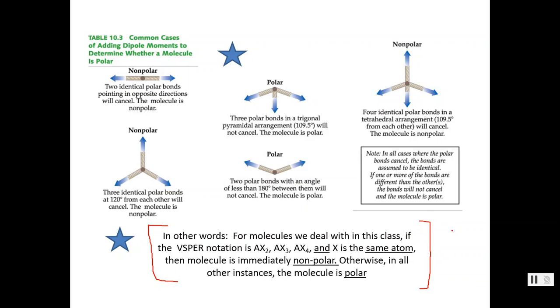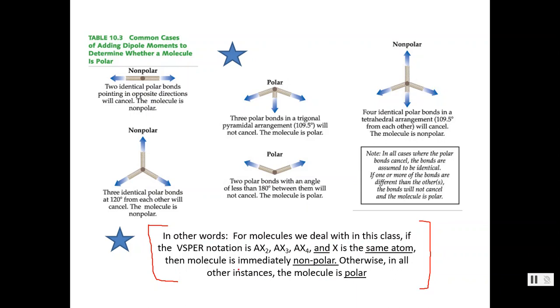And you will have to do this not only for your exam, but for your Lewis dot structure lab. For molecules in this class, if the VSEPR notation is AX2, AX3, AX4, and X is the same atom, then the molecule overall is nonpolar.